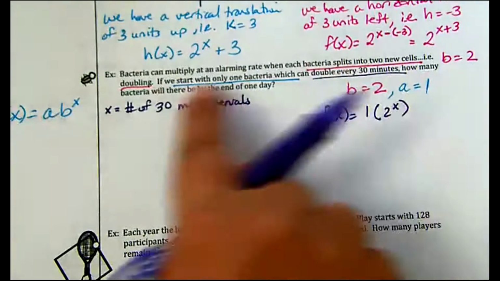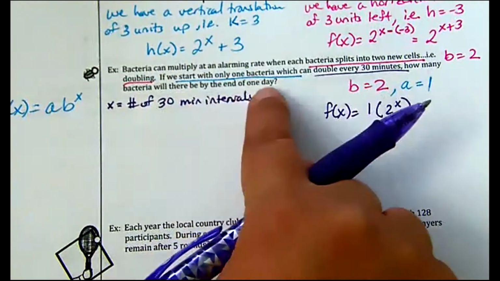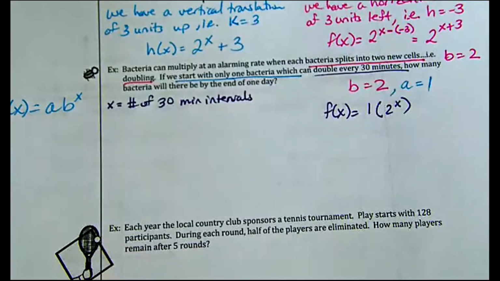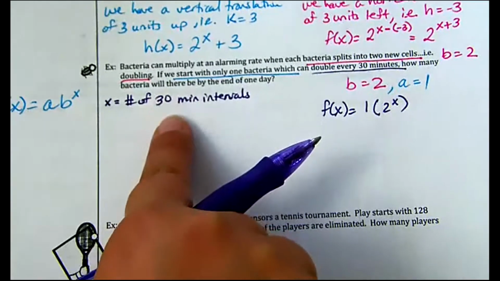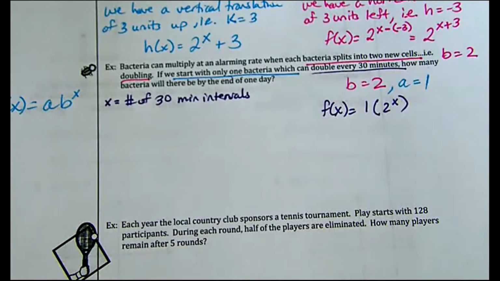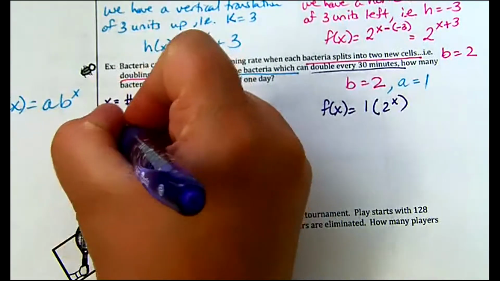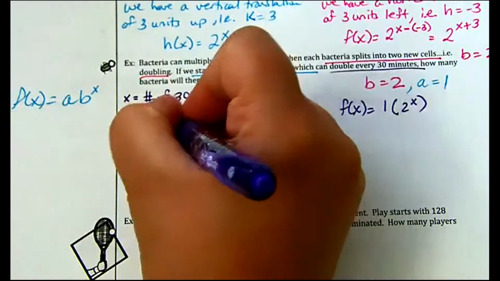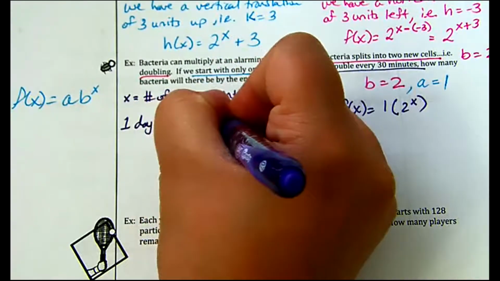They want to know how many bacteria there will be by the end of one day. By the end of one day. So we have to figure out how many 30-minute intervals there are in one day. Well, one day is 24 hours.